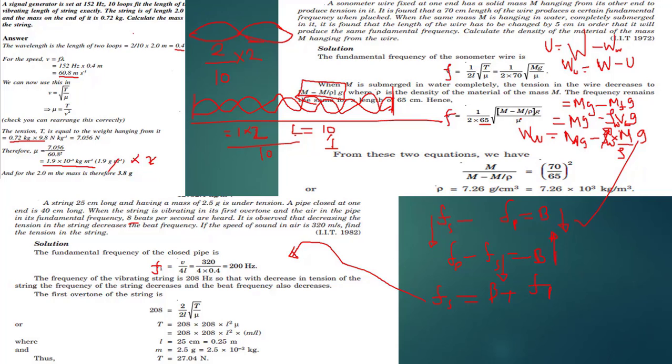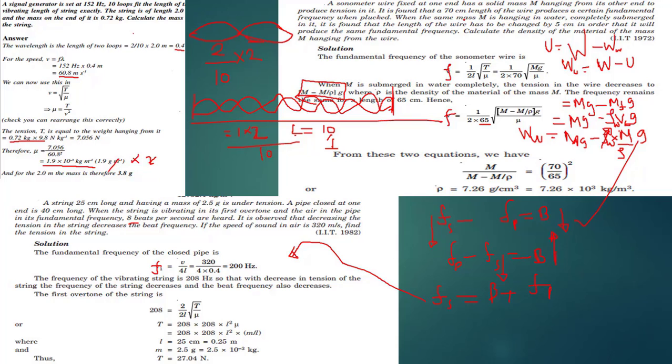Okay, so from the two equations, when we divide the two equations we will remain with an expression like this. Not necessarily divide, you can use any formula you know, as long as we have two unknowns and two equations which are equal, because all these are the fundamental frequency.